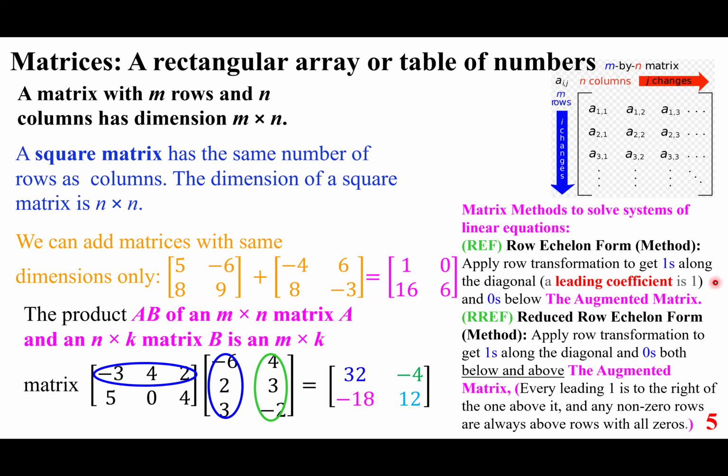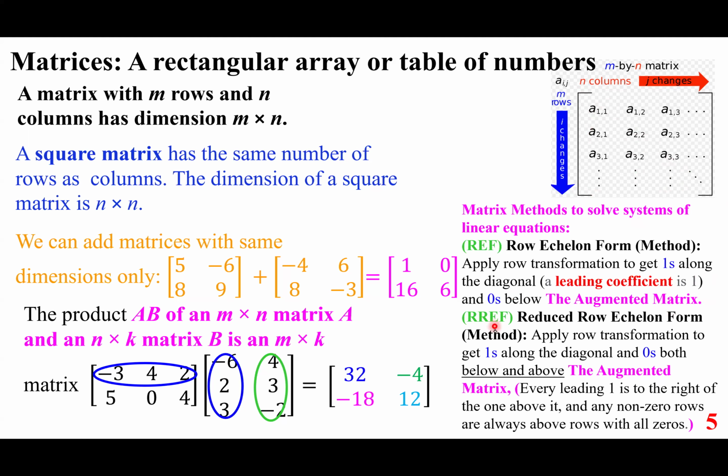A leading coefficient is 1, in other words. And 0 is below. So this is 1, everything underneath is 0. 1 underneath 0, all the way to the end. Above doesn't have to be. This happens to the augmented matrix, okay?